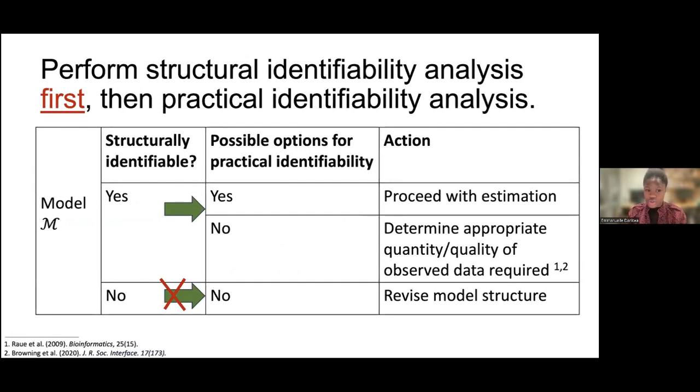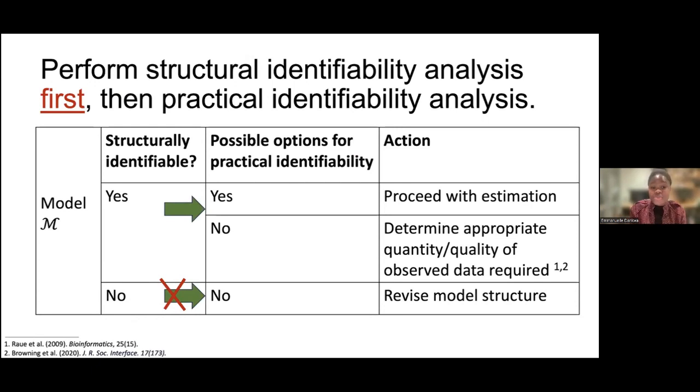So I'm going to walk through the options in this table. When a model is found to be structurally identifiable, so on your left, you see a yes to structural identifiability, then we can proceed to practical identifiability analysis. There would be two options. The model will either be practically identifiable, in which case one can safely proceed with estimation, or the model will not be practically identifiable.